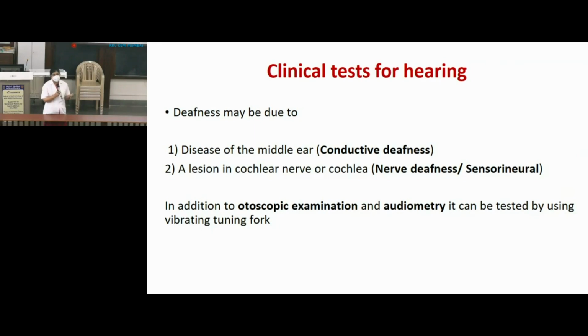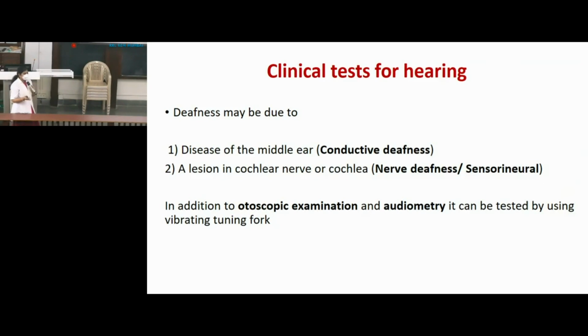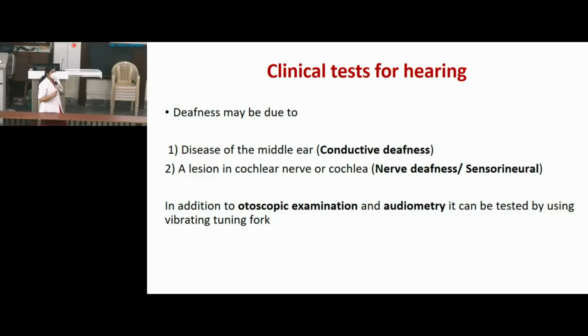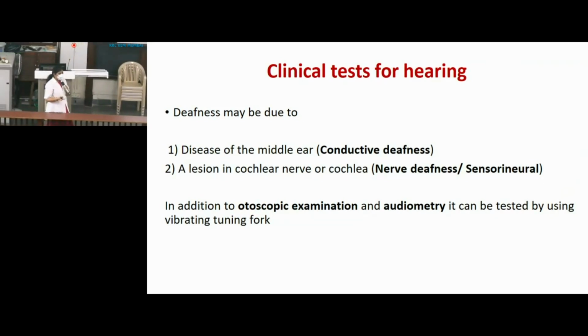There is one condition called otosclerosis. In that condition also there could be conductive deafness. And nerve deafness or sensory neural deafness is related to the cochlear nerve. Lesions of the cochlear nerve will lead to sensory neural deafness. In elderly people, the nerve deafness is usually sensory neural deafness.